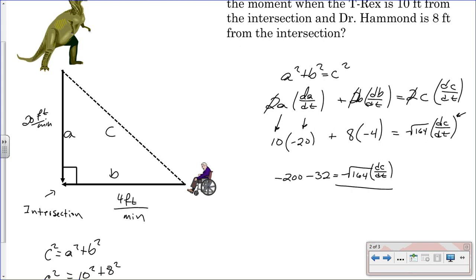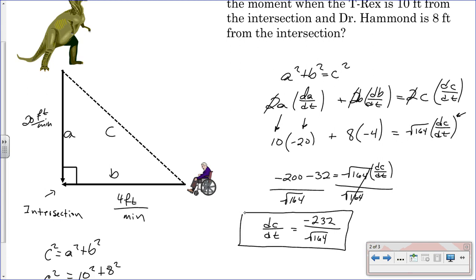Now divide off the square root. So dC dt is changing at a rate of negative 232 over the square root of 164. That is dC dt.